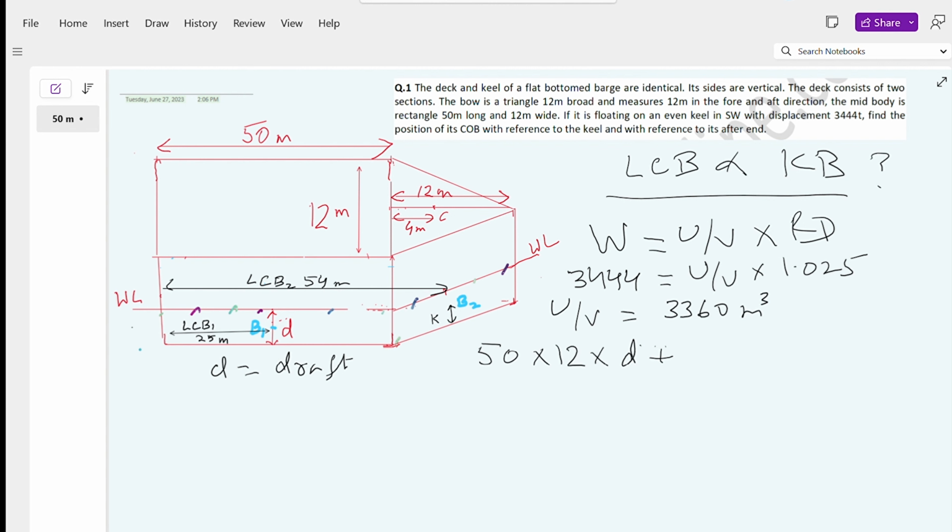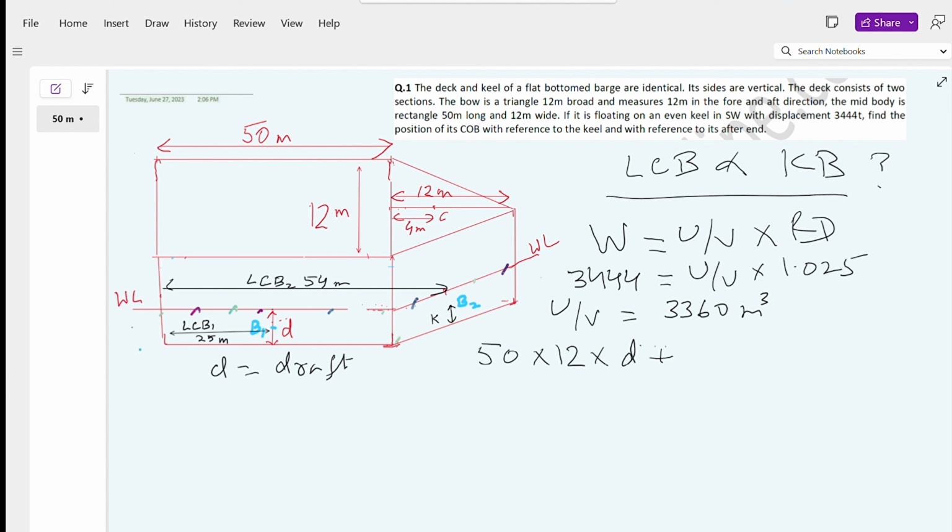Plus, what will be the underwater volume below the triangle? It's a kind of triangular prism, where both the faces are triangles. Remember, we are looking at that portion which is below the water line. We are looking at underwater volume. So what will be the underwater volume of this triangular portion? Area of the base, which is a triangle.